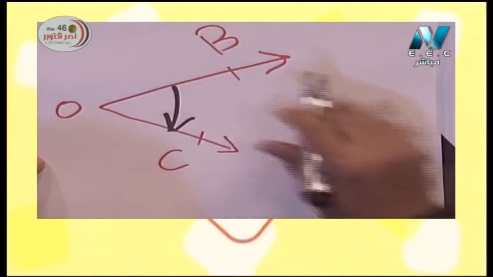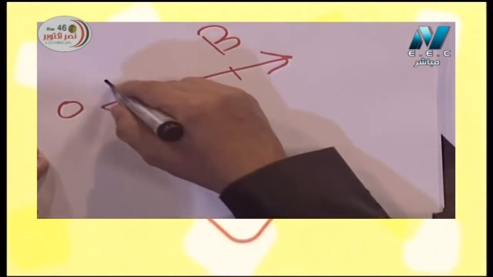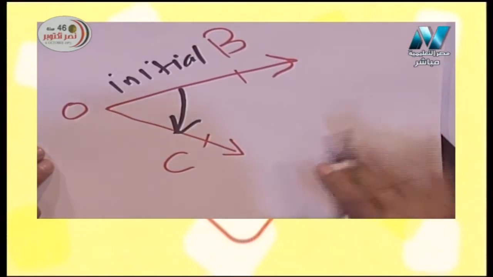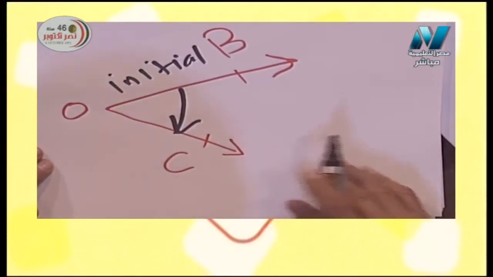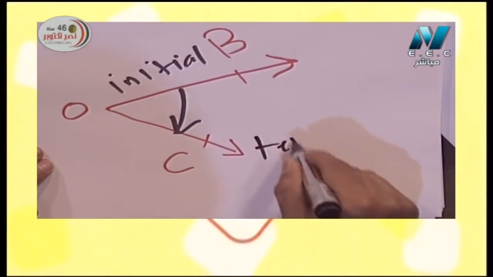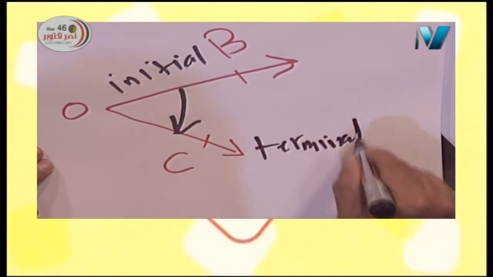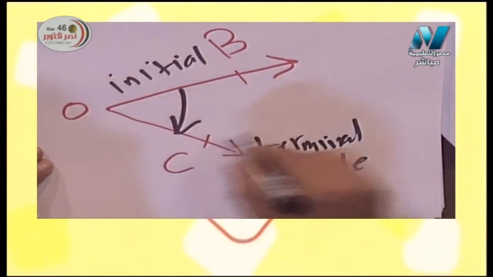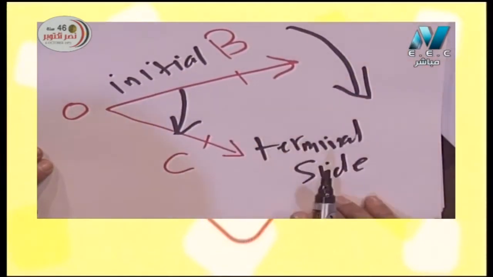OB is the initial side, and OC is the terminal side. And this direction is clockwise direction.